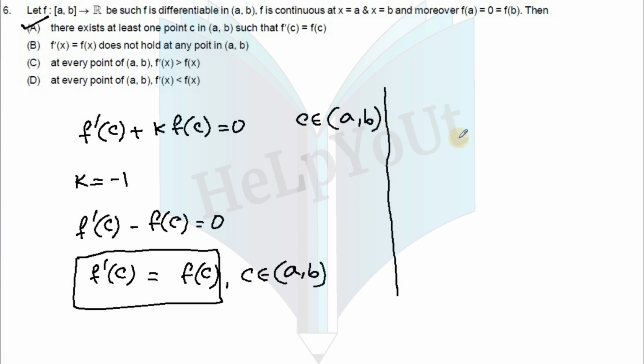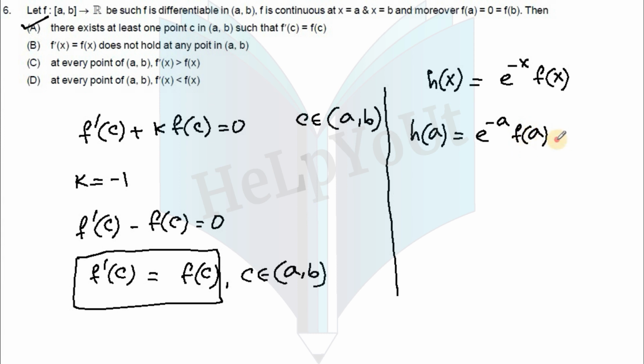Or if you don't know the conclusion from question number 4, then you have to use h(x) equals e to the power minus x times f(x). Now see, if we find h(a), that will be e to the power minus a times f(a), and f(a) was already 0, so 0 here, and sorry, my mistake, h(b) will be 0 too because f(b) will be 0 again.